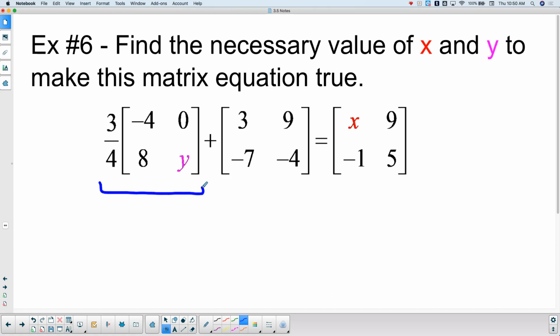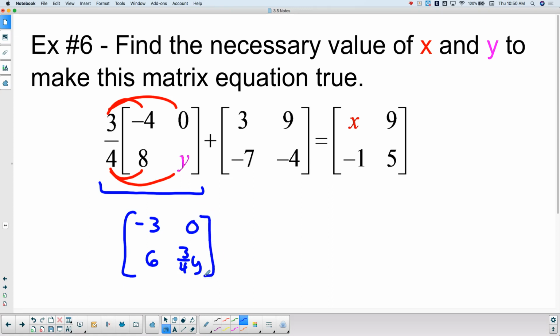So 3/4 times -4 is -3. 3/4 times 0 is 0. 3/4 times 8 is 6. And 3/4 times y, excuse me, it's 3/4 y. Okay? Then I would have to add that still to 3, 9, -7, -4.